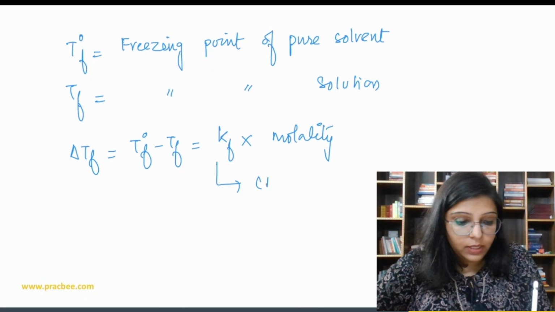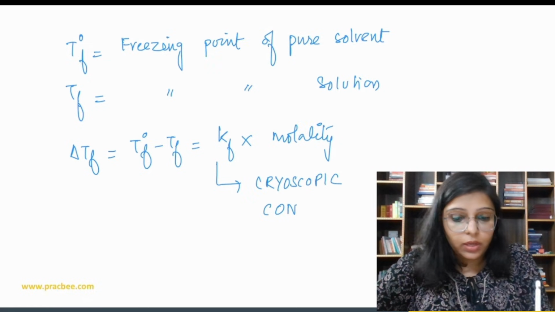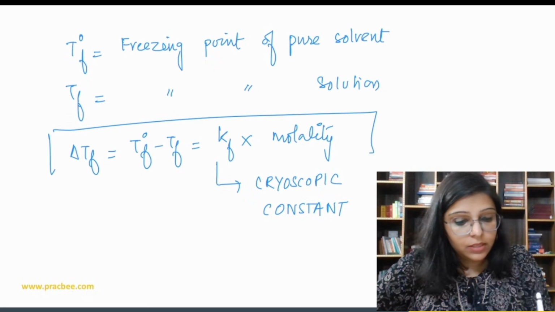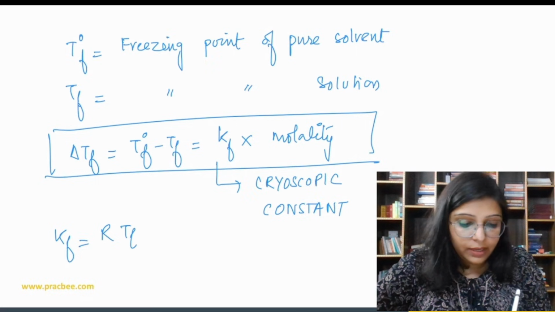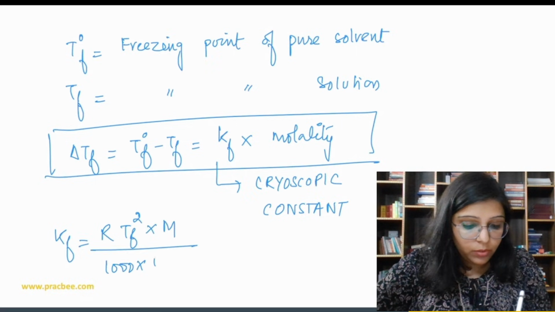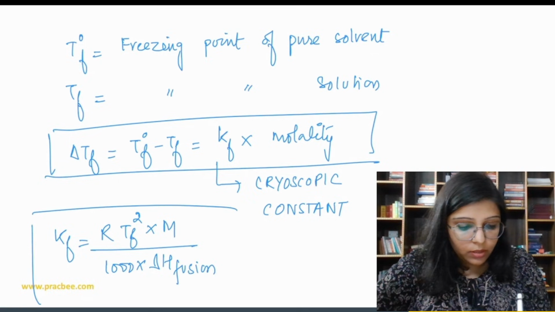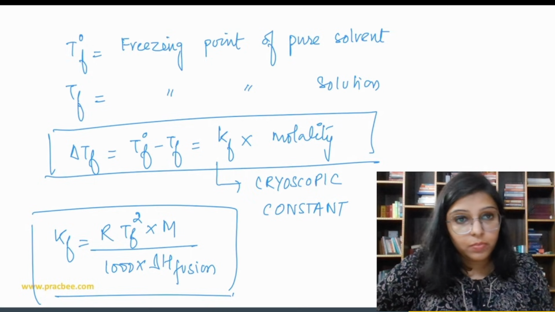KF is the cryoscopic constant. So we have one formula. Now how to find out KF? That is equal to R TF square into molar mass upon 1000 into delta H fusion. So we have these two formulas.